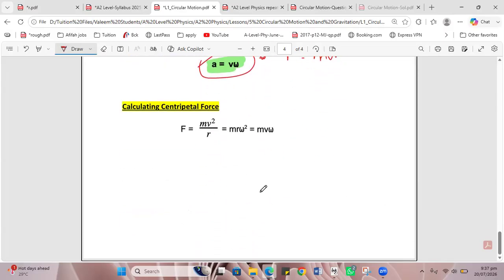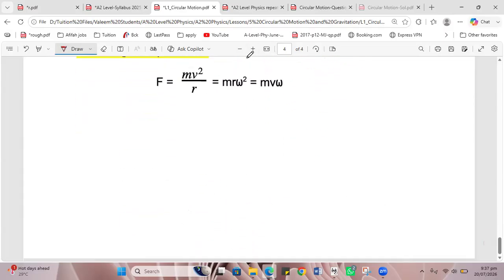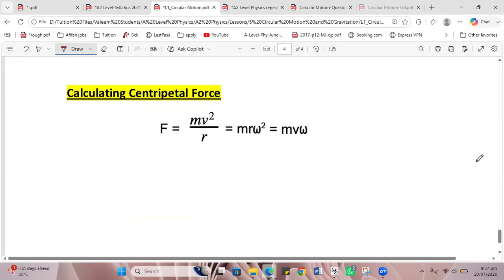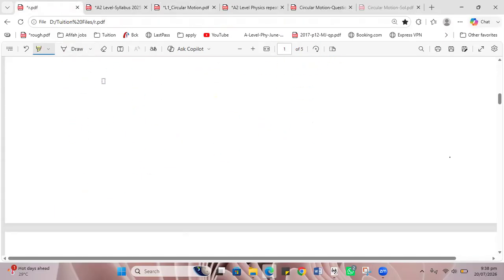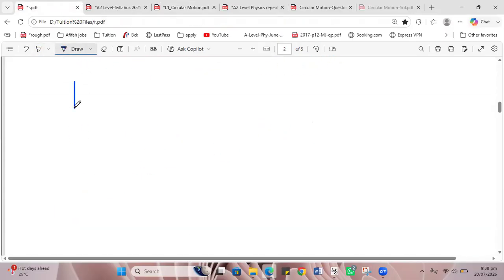Okay, these were some formulas. Now, before moving towards some practice past paper questions on circular motion, I want you to understand a very fundamental concept. Centripetal force, I am denoting it by Fc. Whenever I write F with a little c, you should understand that I'm talking about centripetal force.